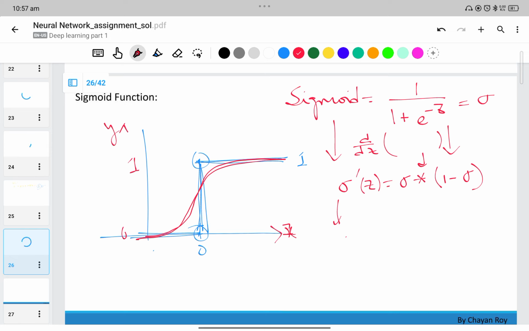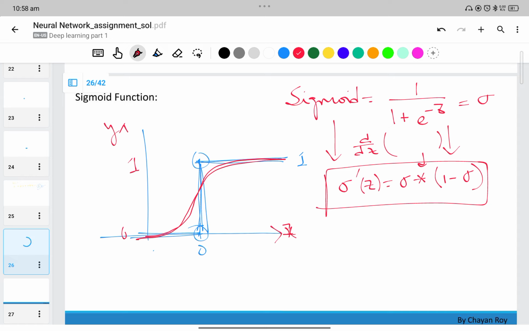If we want to calculate the second derivative of the sigma function, we don't need that now, so we'll not calculate this one. But the first property is important to remember.